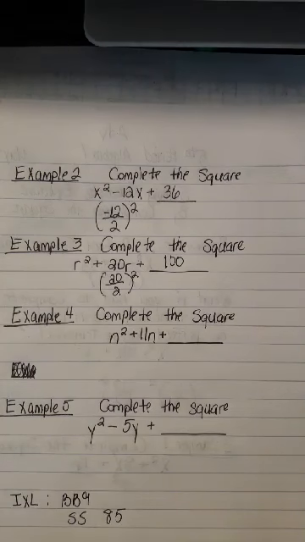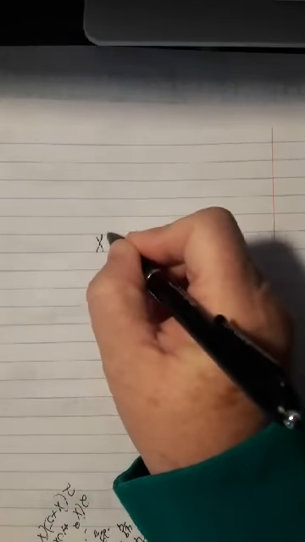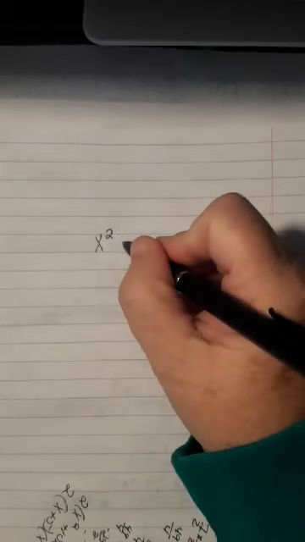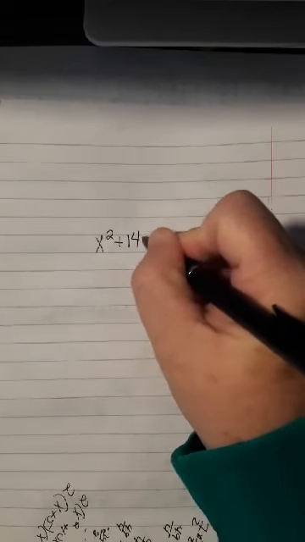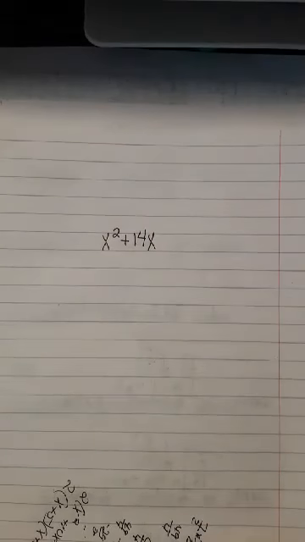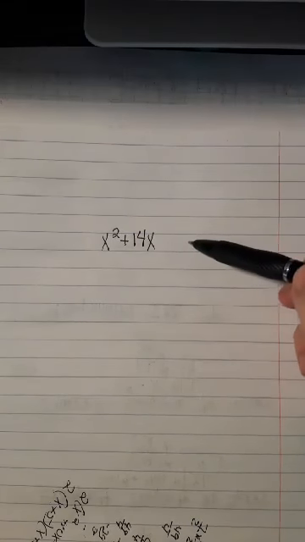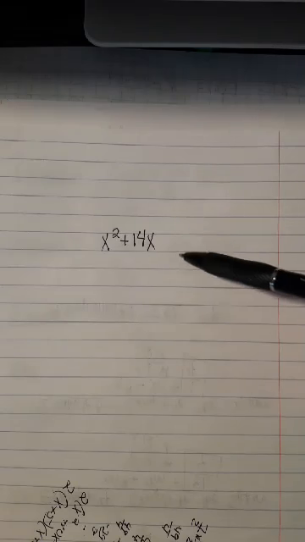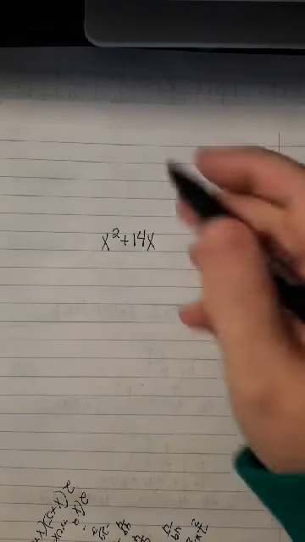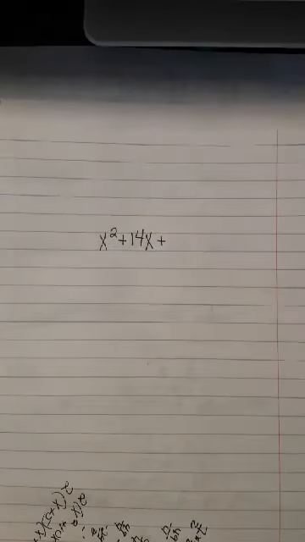Okay, so before we go into this next example, I want to make sure y'all got this. Let's say your problem is x squared plus 14x. And you've got to have another term down here because you want it to be a trinomial. And so the term that goes down here to make it a perfect square, remember it's always plus at the end.